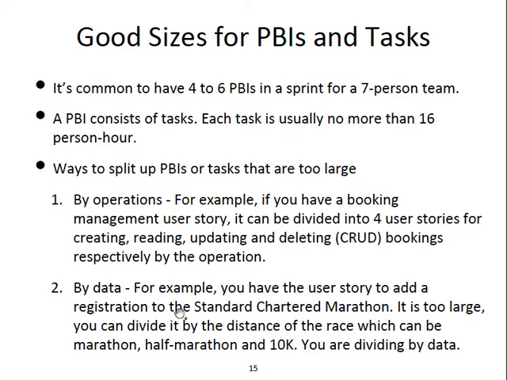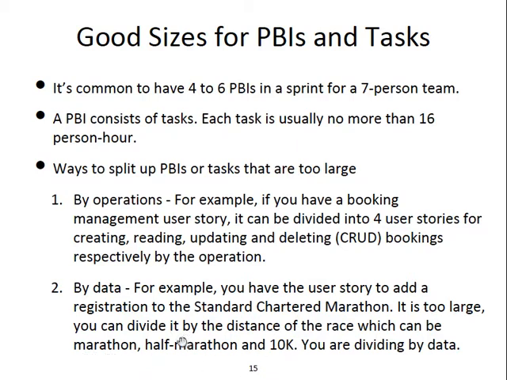Another way is to do it based on data. Let's say you are writing a registration user story for the Standard Chartered Marathon, but probably that's too big. Then you can divide it according to the distance.